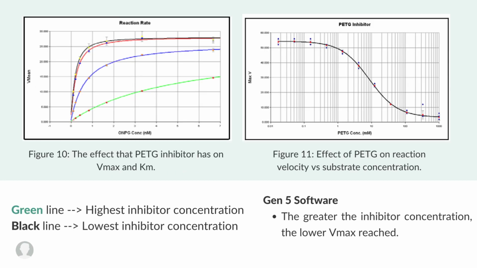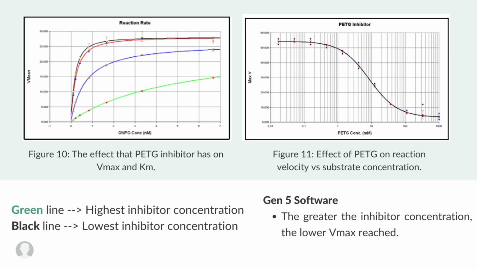In figure 10, it can be seen that the green line represents the highest inhibitor concentration and the black represents the lowest inhibitor concentration. This shows that the gentler the slope, the more effect the PETG inhibitor has on the substrate. As mentioned in the previous slide, since PETG has a similar chemical structure to OMPG, this suggests that it will bind to the same active binding site of the beta-galactosidase enzyme.